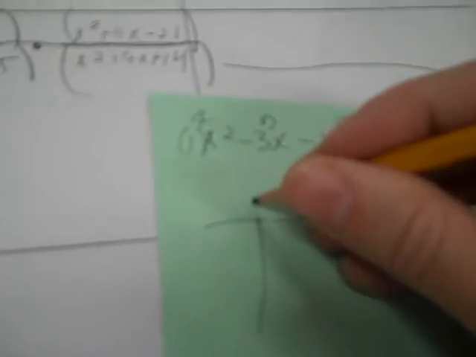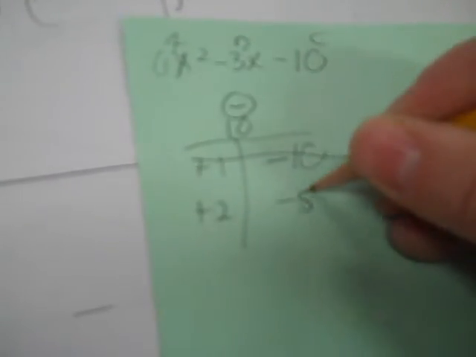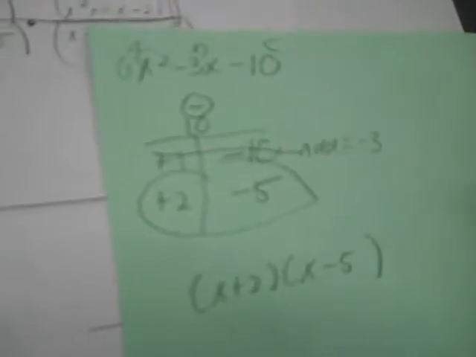Put an implied 1 there. So I have negative 10, okay? So positive, negative, and I'm trying to add to get to negative 3. 1 and 10, that's not even 3. Positive 2, negative 5, that is negative 3, okay? A is just a 1, so that's x plus 2 and x minus 5. No GCF. So I replace that with the parentheses x plus 2 and x minus 5.